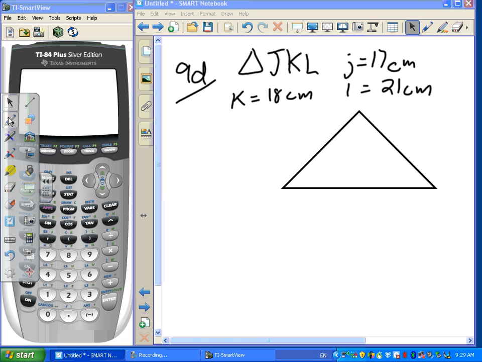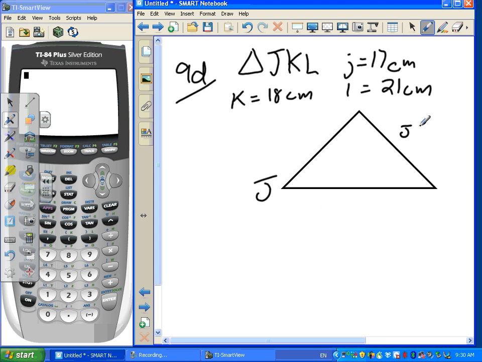Okay, question 9D. They've given us triangle JKL. They've only given us the measurements of the sides. So, here's J. We'll call that side J. L, side L, and K, side K. Okay? I've just arbitrarily set up this triangle.